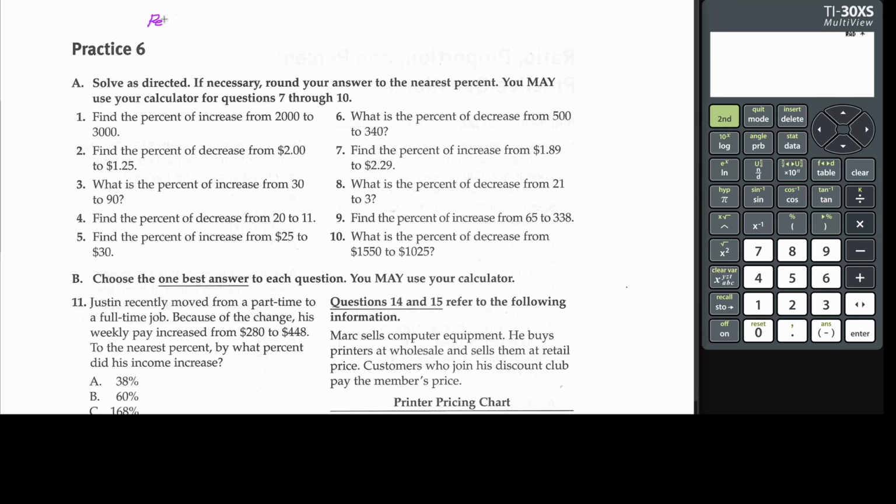Percent increase or percent decrease equals the larger number subtract the smaller number.